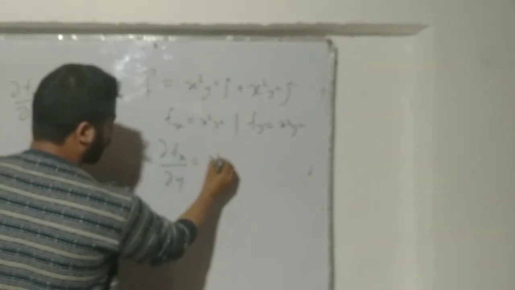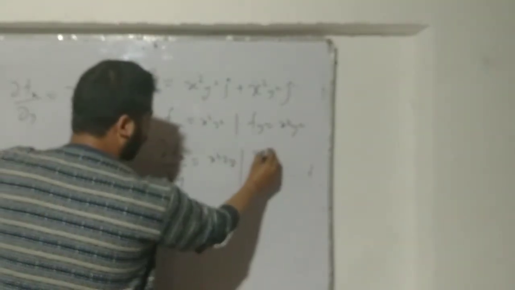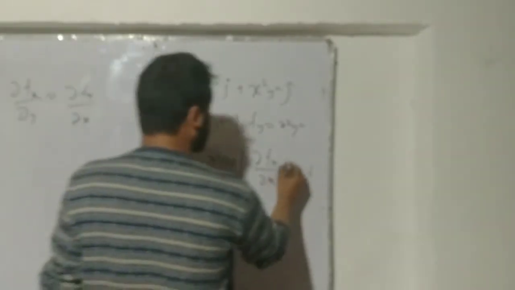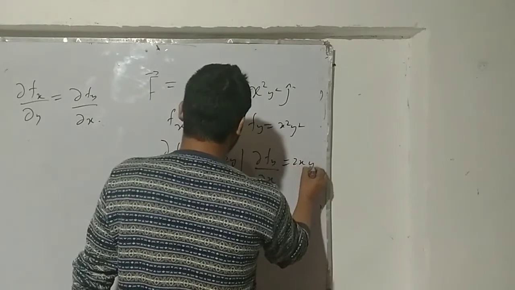If I differentiate this equation partially with respect to y, putting x square constant, we find 2y. If I differentiate partially with respect to x, I will get 2x y square.